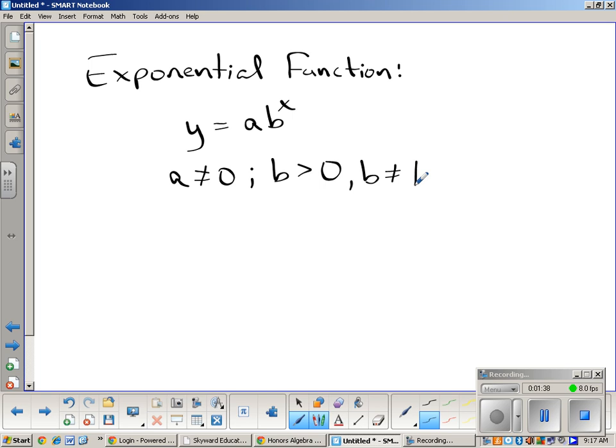Between 0 and 1? I'm sorry, so it can be in between 0 and 1? Absolutely. In fact, that's where I was headed next. When b is bigger than 0 but less than 1, the function models a decay.